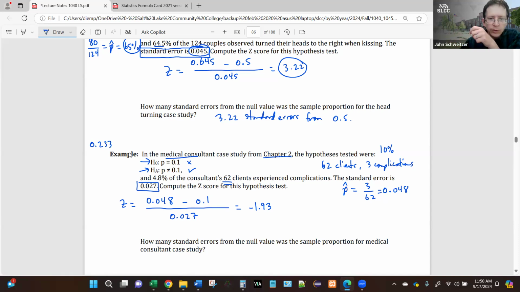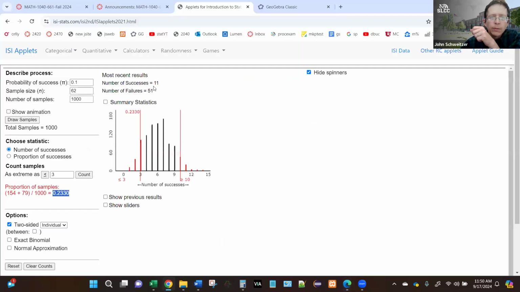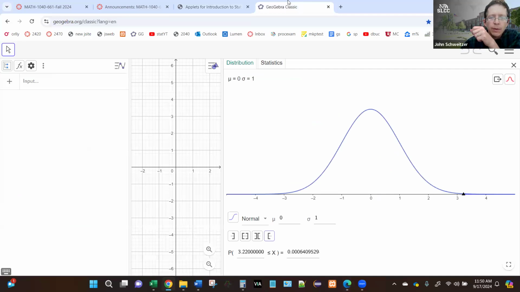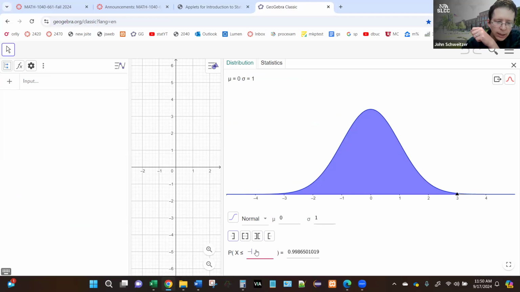Let's do this with the normal distribution. So we go back to GeoGebra and we say, okay, what's the probability that z is to the left of negative 1.93? So we go to GeoGebra this time, and we're going to say less than negative 1.93.